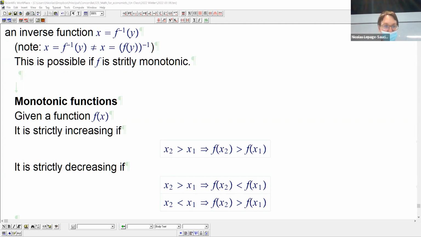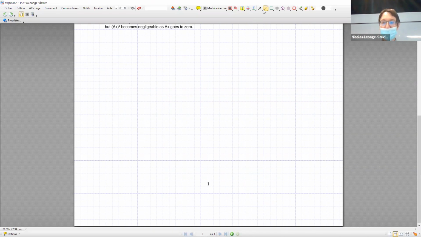Let's go back to this. Is that okay? So let me draw you a strictly increasing and strictly decreasing monotonic function. You shouldn't be too stressed about this. It's really once I draw something, it should become clear.